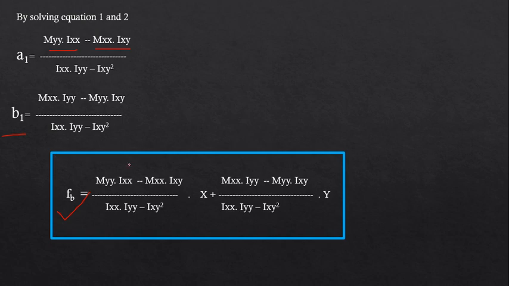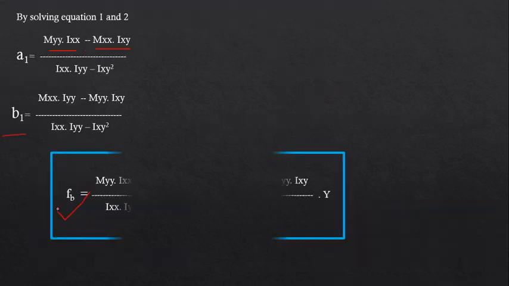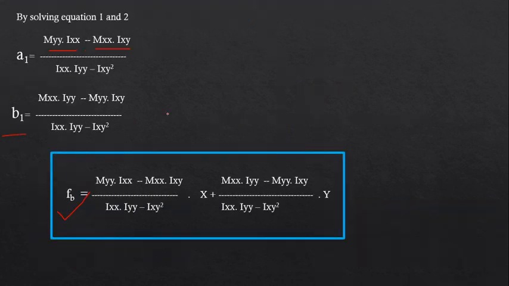We only need to find the values of Ixx and Iyy and Mxx and Myy. This formula gives us the final stress along any rectangular axis through the centroid.